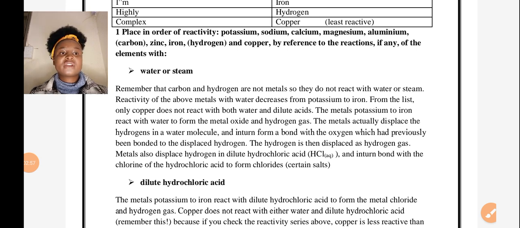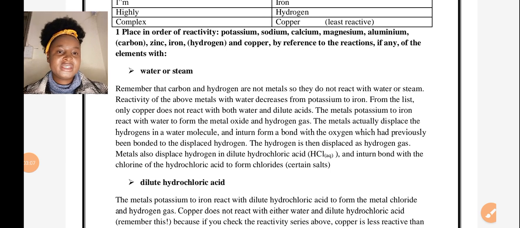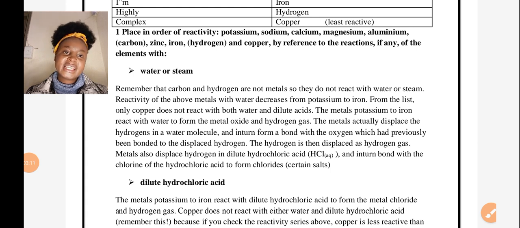So these metals displace the hydrogens in the water molecule, and in turn form a bond with the oxygen, which had previously been bonded to the displaced hydrogen. So hydrogen in this case is displaced as hydrogen gas.